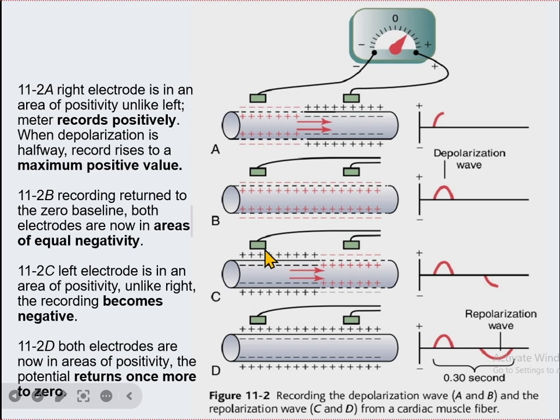This part is polarized, and this wave is making the inside negative. That is why we are calling it repolarizing. If you look at this first wave, it was making the inside positive, meaning it was a depolarizing wave. So whenever a repolarizing wave is flowing towards the positive terminal, the wave will be downward going.